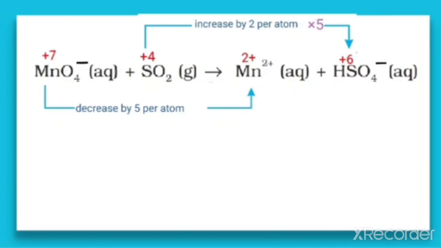And in the case of the decrease, because there is a decrease by 5 per atom, we need to equalize it with the increase, so we have to multiply with 2. It's very important here, that in equalizing we have to multiply with a suitable number. So here 5 and 2 we have multiplied in order to equalize the increase and decrease.